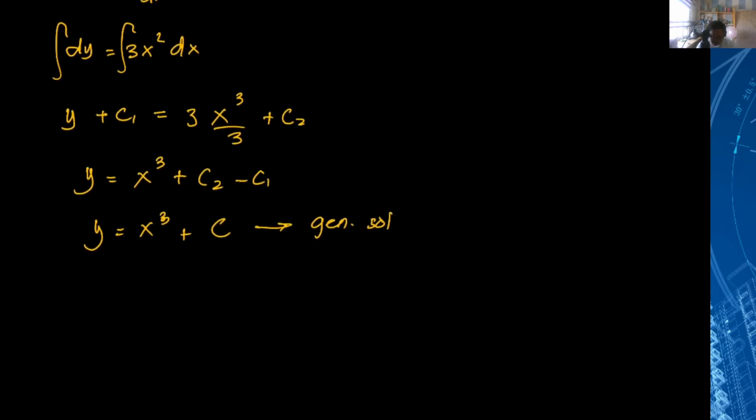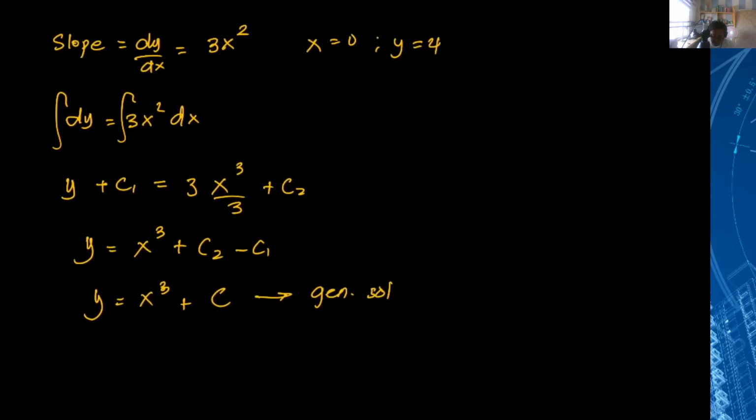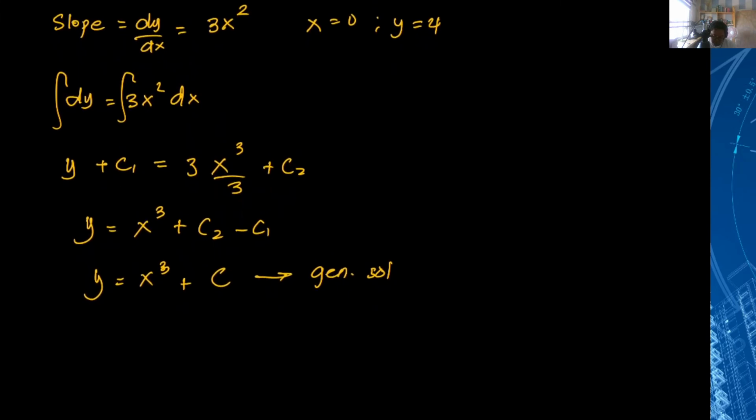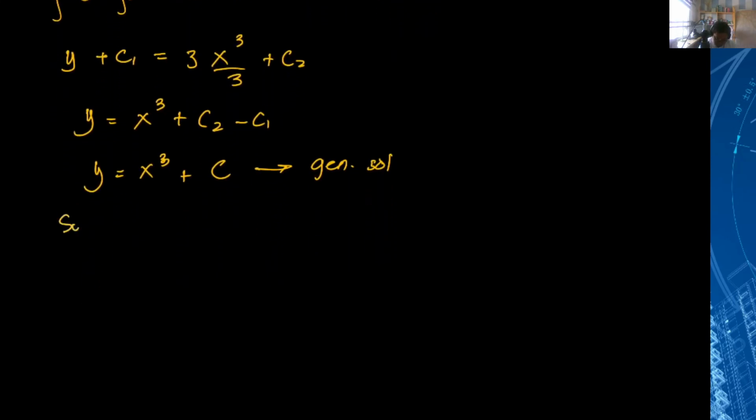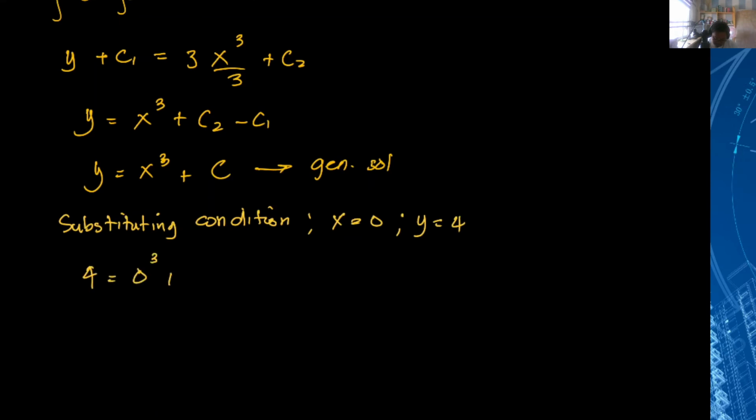Let's use the condition when x equals 0, y equals 4. Substituting the condition, x equals 0, y equals 4, therefore 4 equals 0 cubed plus c, so c equals 4.